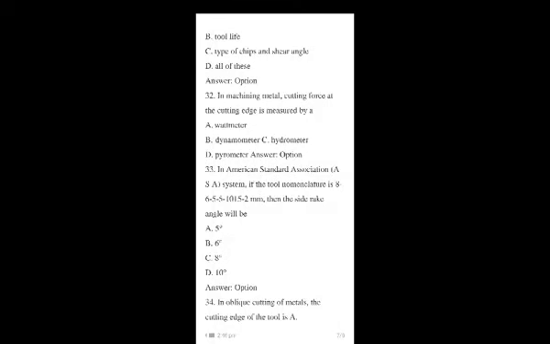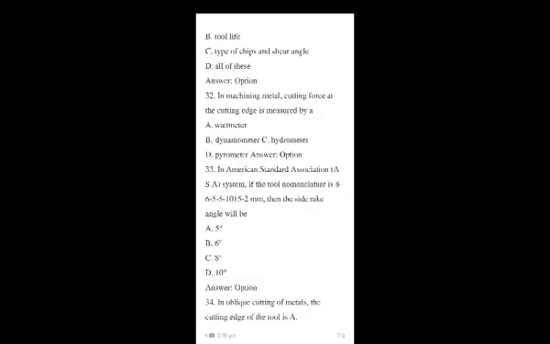Now next question, in machining metal, cutting force at the cutting edge is measured by tool dynamometer, option B. Okay, in American Standard Association system, if the tool nomenclature is 8-6-5-5-10-15-2 mm, then the side rake angle will be 6. Okay, option B is there.